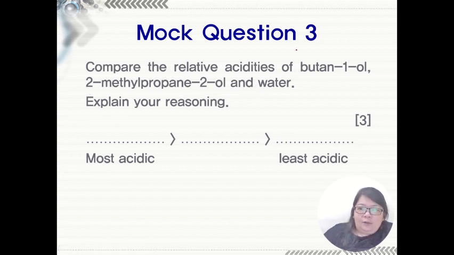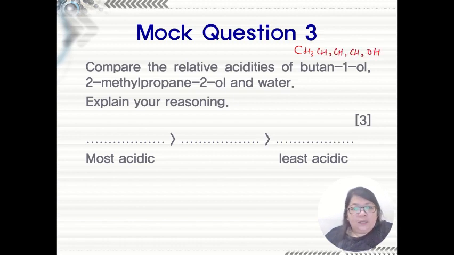Now, butan-1-ol looks like this: CH3, CH2, CH2, CH2OH. It's an unbranched, 4-carbon alcohol. 2-methylpropan-2-ol is also a 4-carbon alcohol.